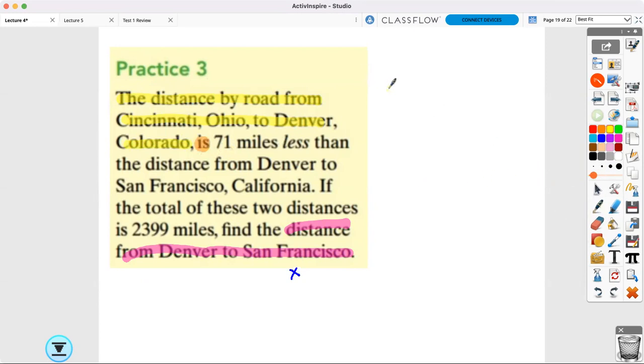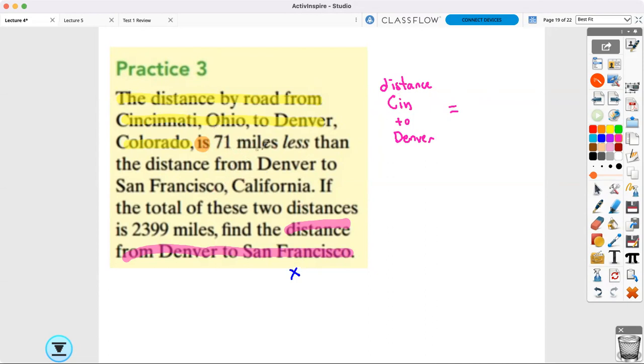So we can say that the distance from, and I'm going to shorten it, Cincinnati, so CIN to Denver, that is 71 miles less than the distance from Denver to San Fran.